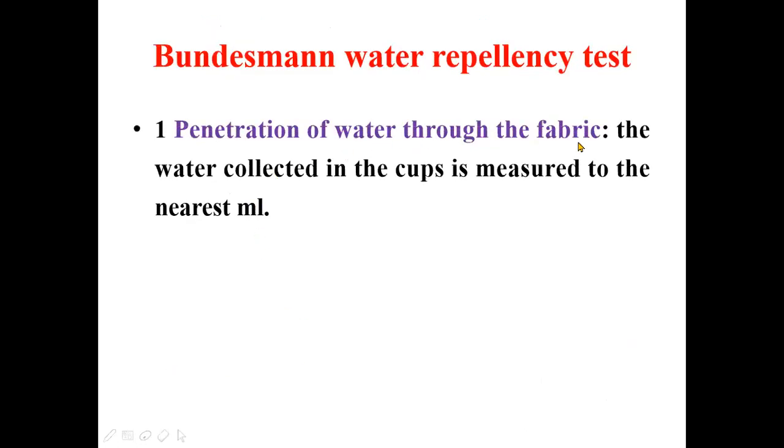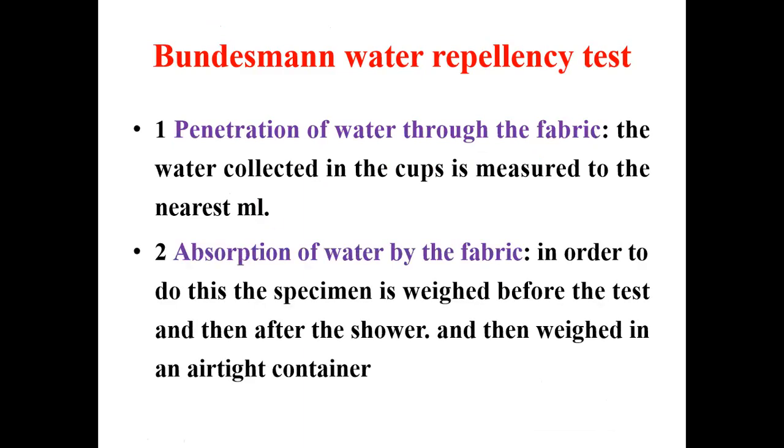For penetration, the water collected in the cups is measured to the nearest milliliter. After the test is over, we take the sample out and measure the amount of water collected inside the cup after it has penetrated the fabric.